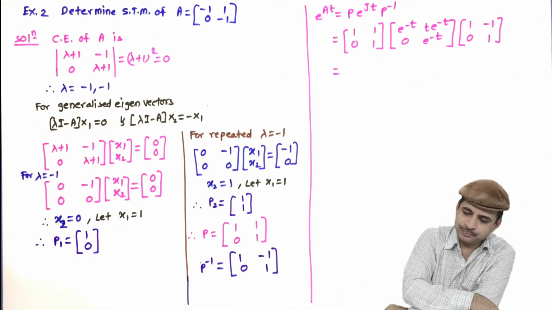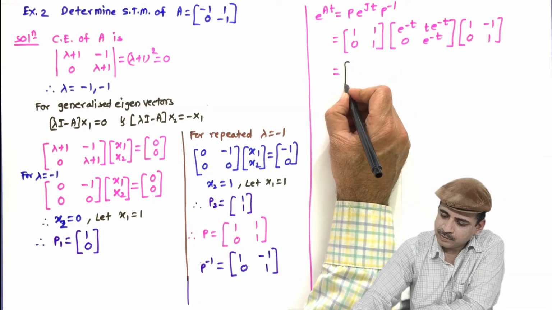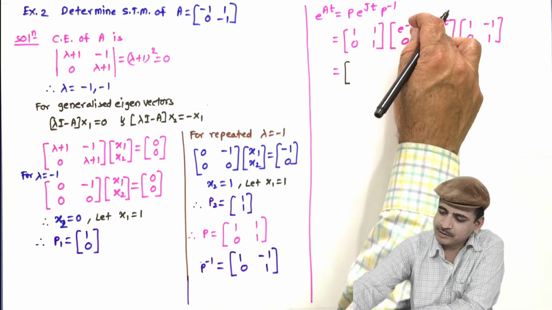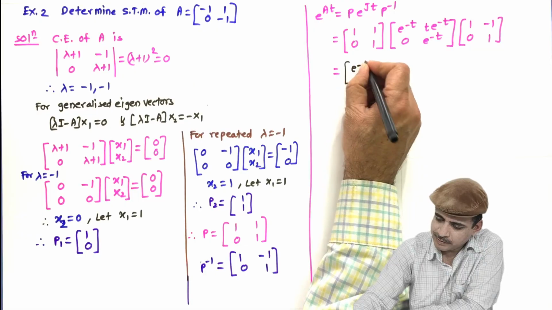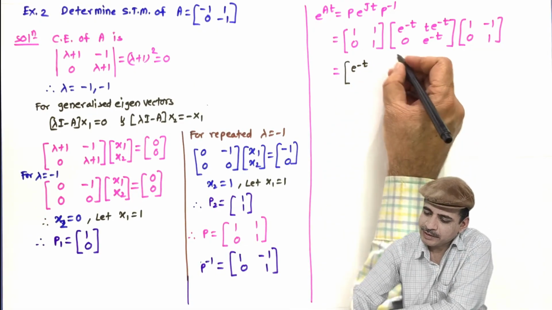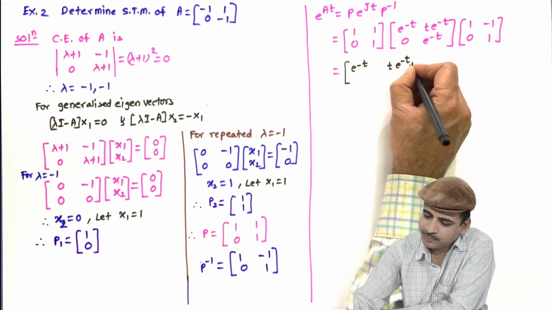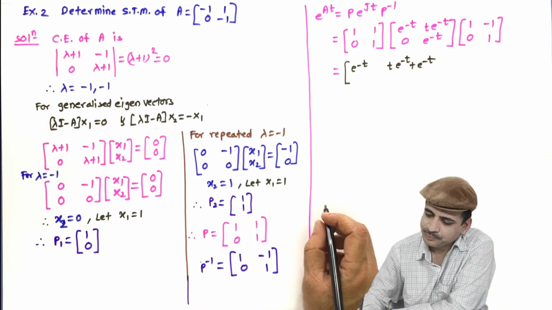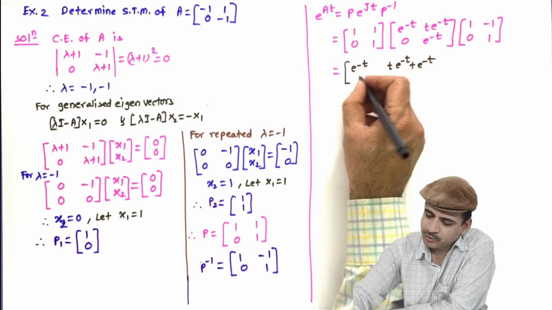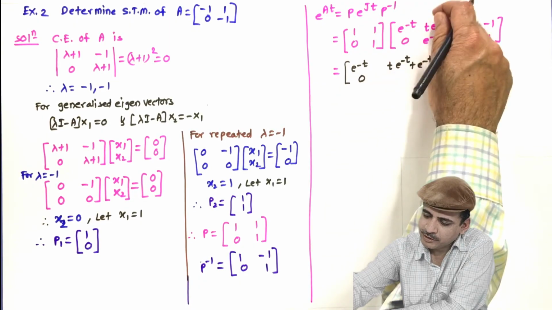And now let us do it. So this is e raised to minus t plus 0, e raised to minus t. Next is t e raised to minus t plus e raised to minus t. 0 plus 0 is 0, and the last one 0 plus 1.